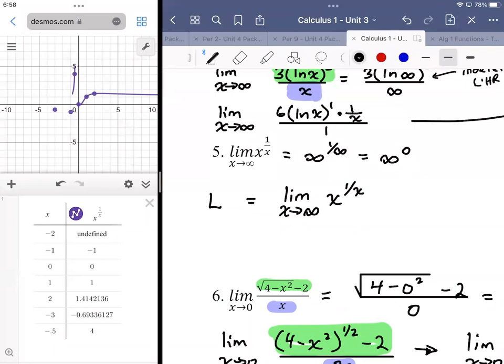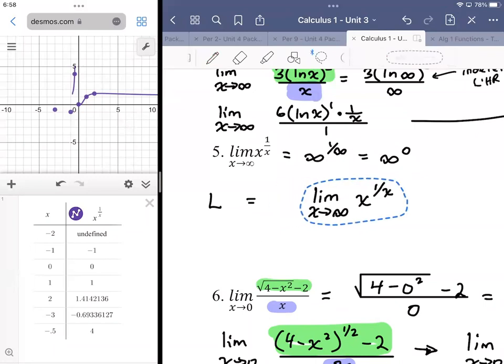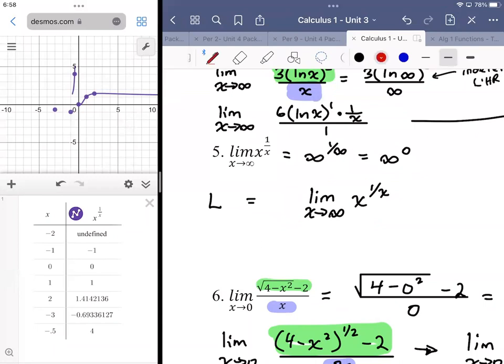Right? So that's fine. But what I'm going to say here is, why not, since we know that we can use a logarithm, specifically a natural logarithm, to release a variable exponent from being an exponent, why not take the natural log of both sides of this equation?